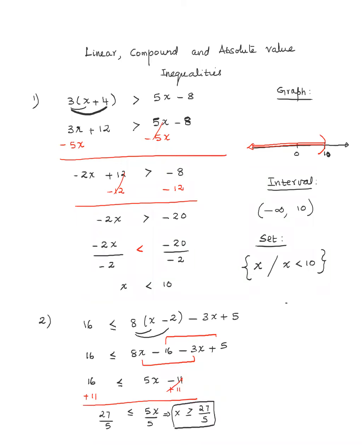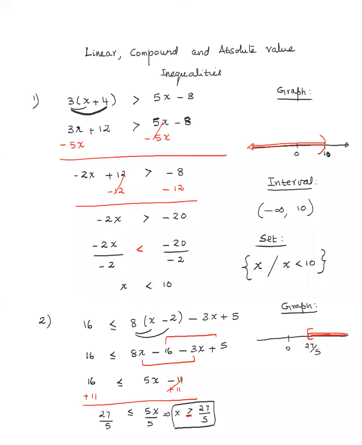So the graph is, you don't have to worry about where this one is. Just put 27/5, and it's greater than, so it's going to go to the right. And also it includes the number because we have an equal sign here. So you have to include that number.